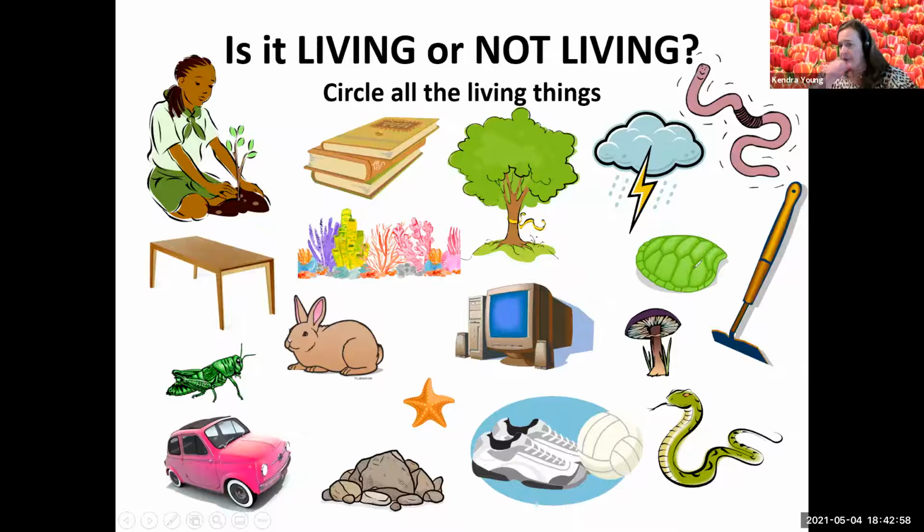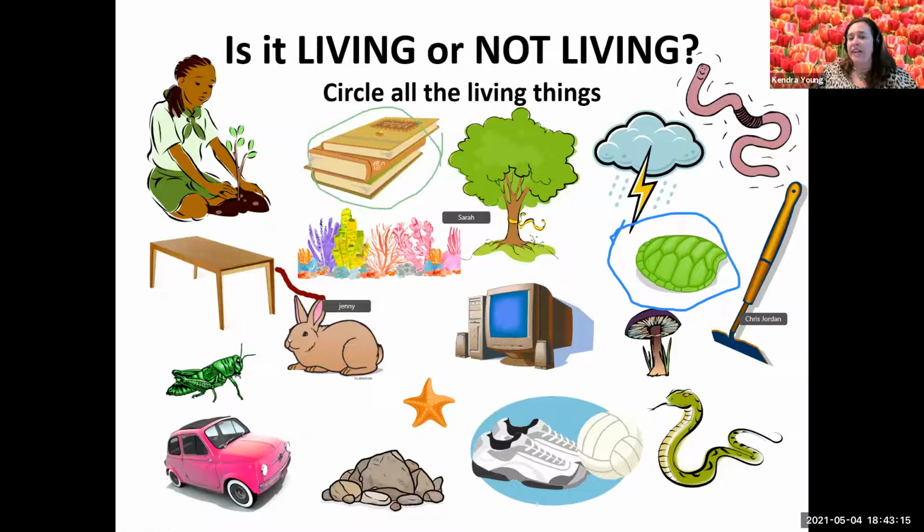And so all of those, now I want you to circle something that is not living, but came from something that was living. So it's not living now, but it came from something that was once living.